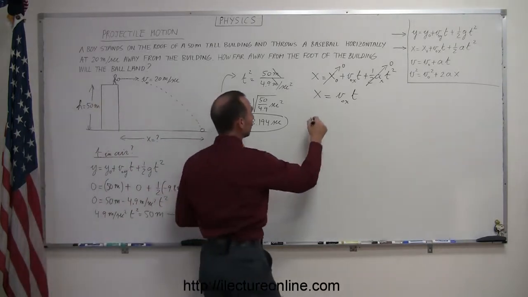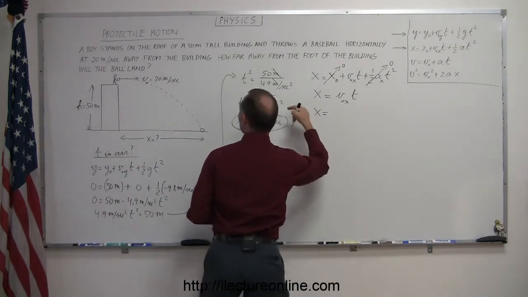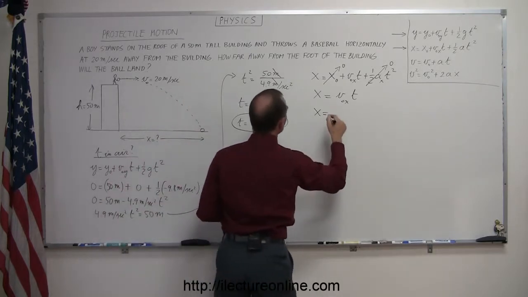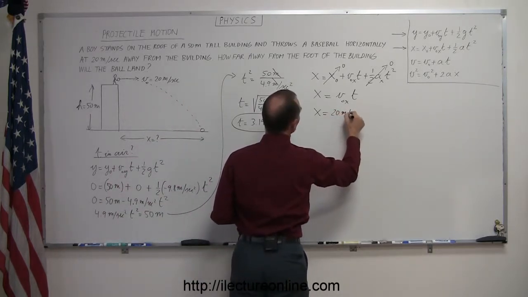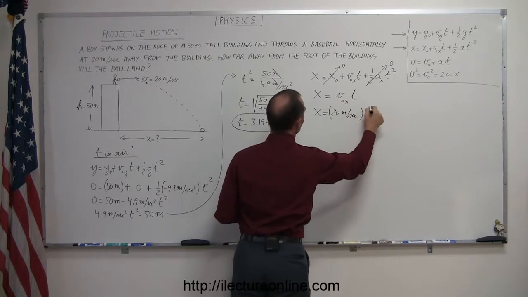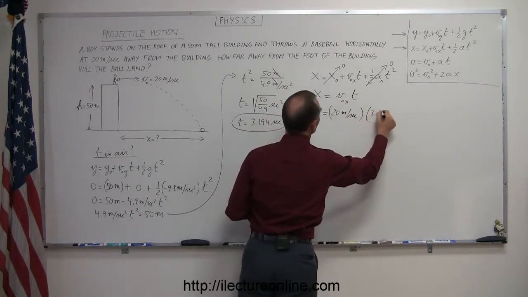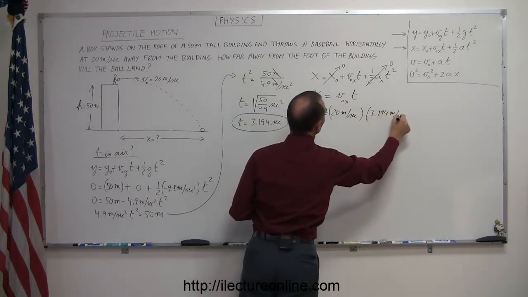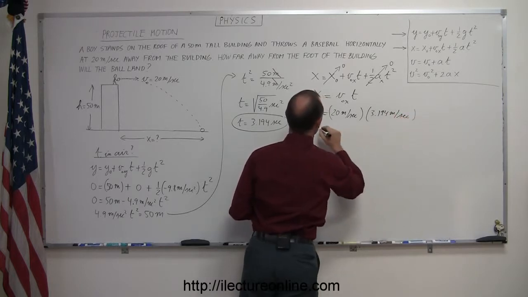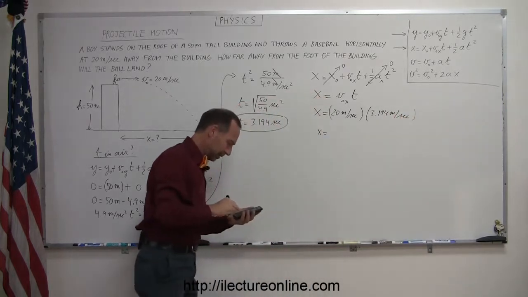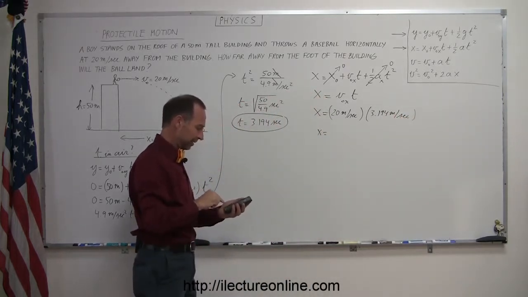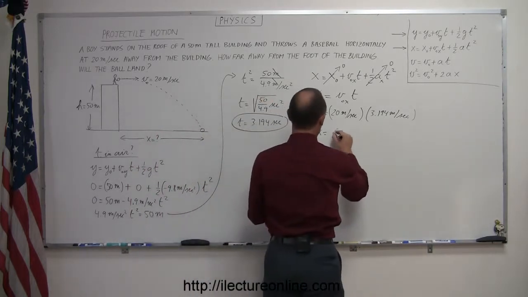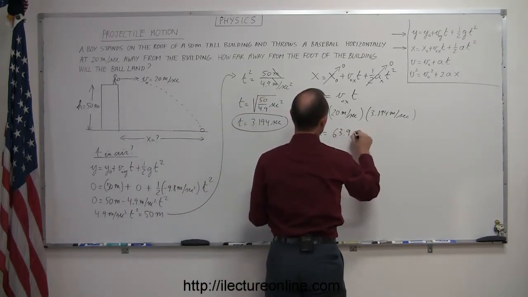So plug in what we know. The initial velocity in the x direction right here is 20 meters per second. Multiplying that times 3.194 seconds. And working that out on my trusty calculator, 63.9 meters.